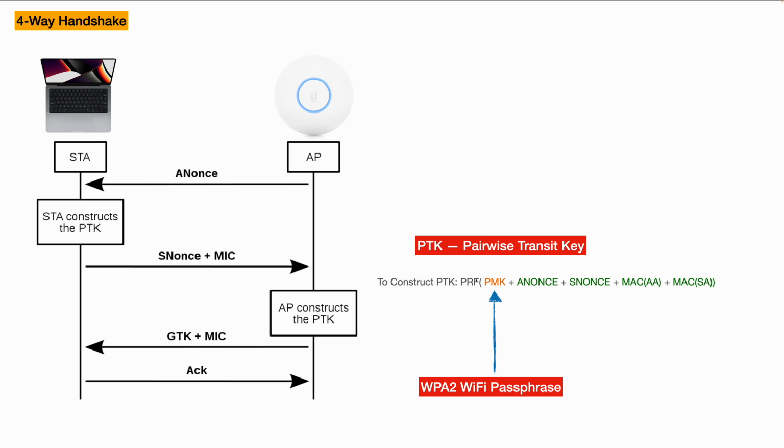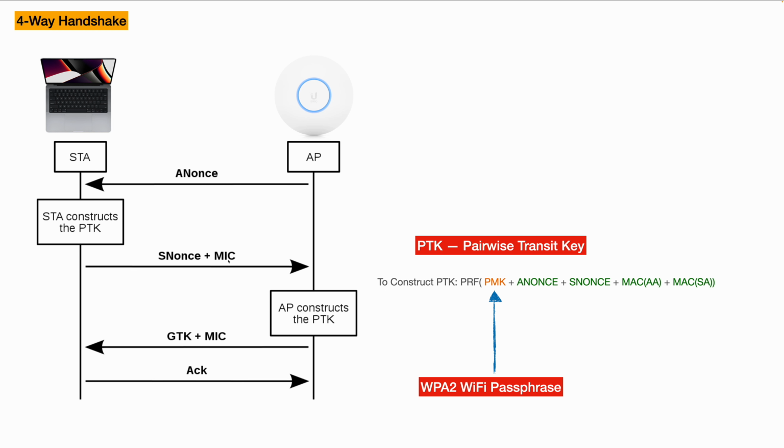Let's go back to the 4-way handshake. Why the hackers can do the hacking theoretically is all because of how the PTK is constructed. As we discussed, the hacker, just like your Wi-Fi client and AP, can also see the ANonce, SNonce, and MAC for both Wi-Fi client and access point. The only thing the hackers don't know is the Wi-Fi password. But see the second message, the Wi-Fi client needs to send the SNonce and MIC back to the AP.